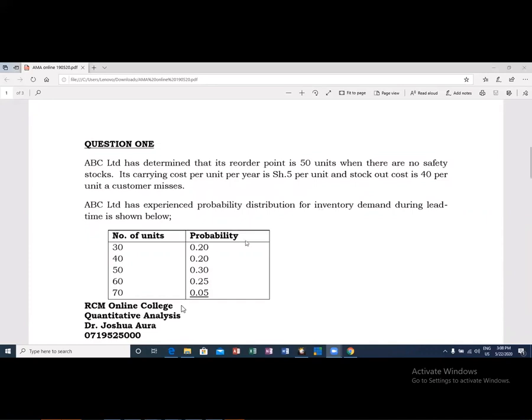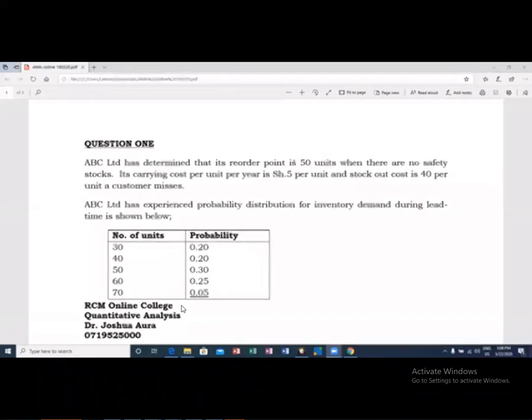So you're told ABC Limited has determined that its reorder point is 50 units. That reorder point of 50 units is so important to us. When there are no safety stocks, its carrying cost is the same as holding cost. That's how you're putting it in your book there. So carrying cost per year is 5.